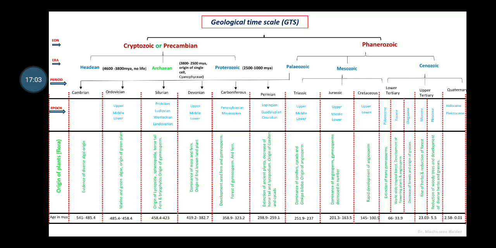So in the Quaternary period, we find specialization of herbs and dominance of herbs, because this period is known as the age of herbs. So that is the whole thing about the geological time scale.